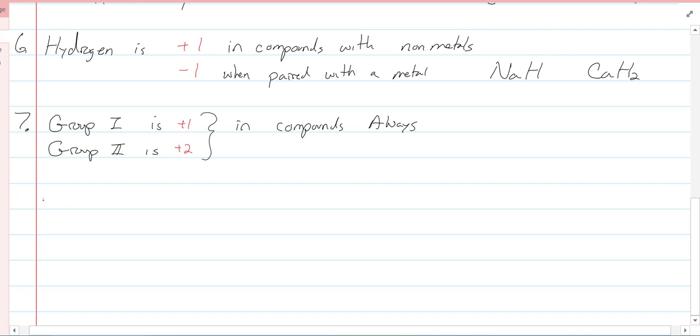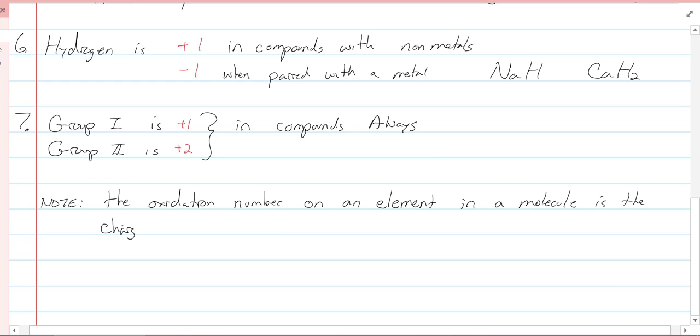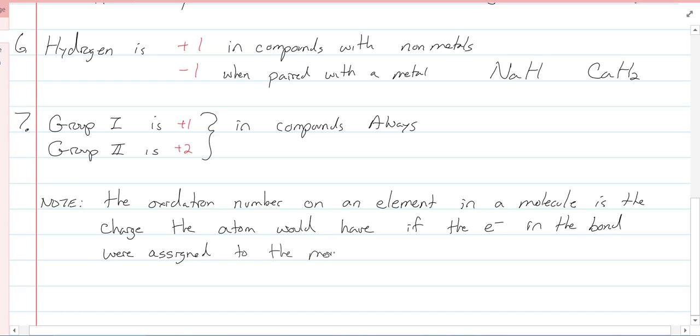So then what do we do? We know that the oxidation number on an element in a molecule is the charge the atom would have if the electrons in the bond were assigned to the more electronegative atom.